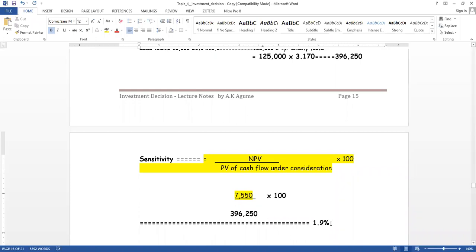1.9%. Okay. So you can see that the sales volume is more sensitive, because remember we say that the lower the sensitivity margin, the more sensitive the parameter is to the decision that was undertaken.